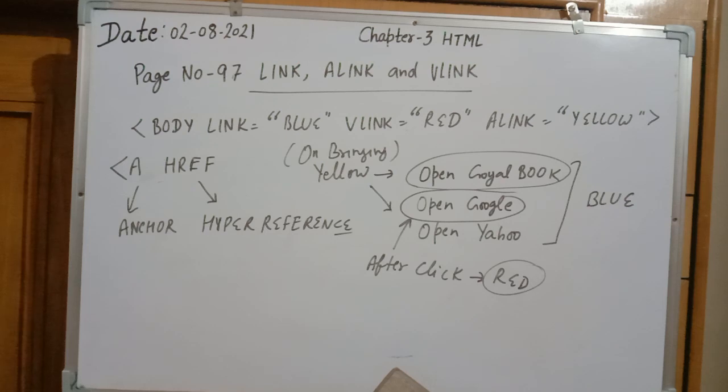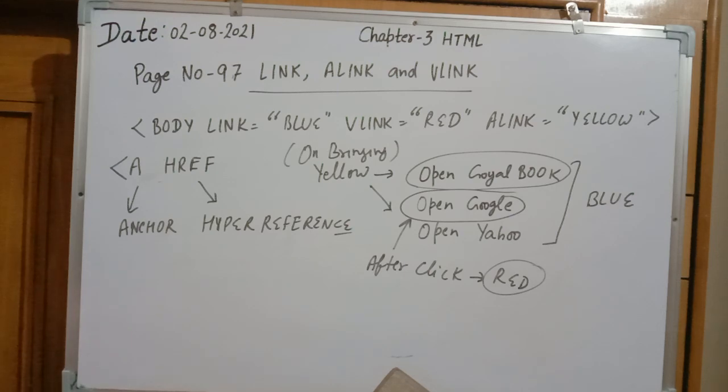Before click, blue; on bringing the cursor, yellow; and after clicking it will become red. It is the output of this program. So three colors are there. Blue is the link color, yellow is the active link color, and red is the visited link color, that is given in program number 3 on page number 97.